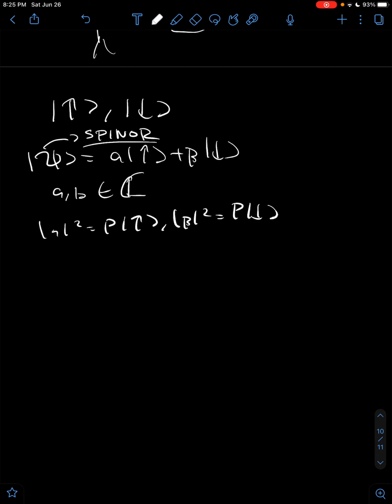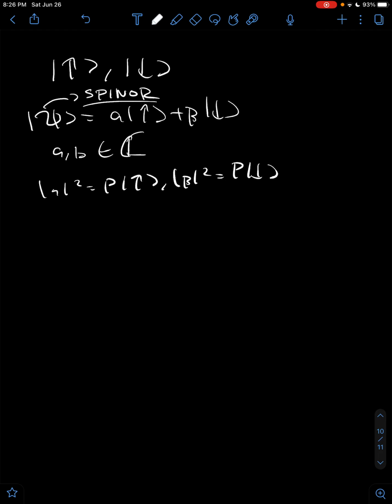So yeah, that's pretty much all there is conceptually to spinors and spin states. But there are some more mathematical properties that they have, and we are going to explore some of them right now. It turns out that these spin states, up and down, are actual vectors in a mathematical space, so we can take the dot products of them.